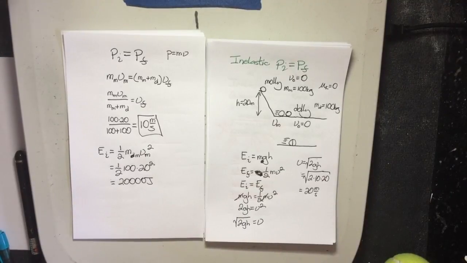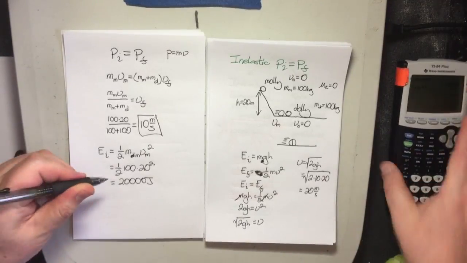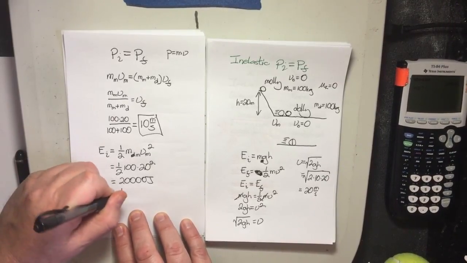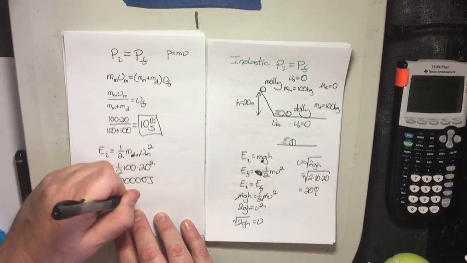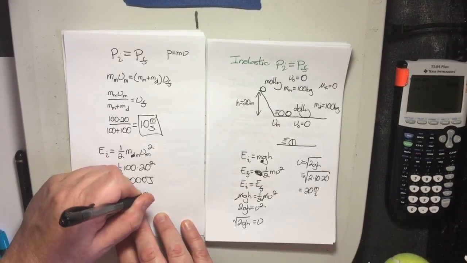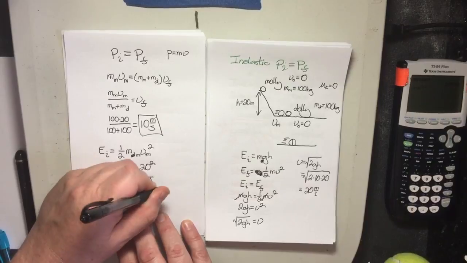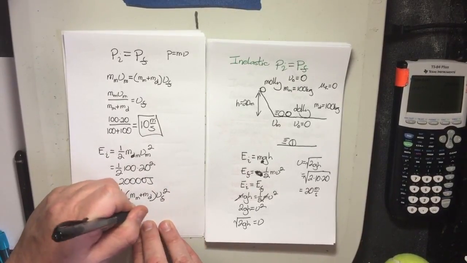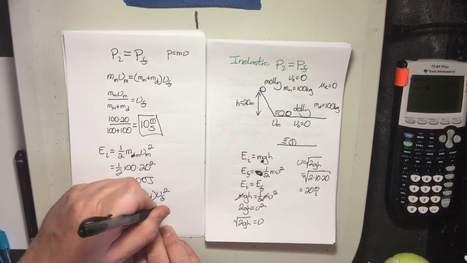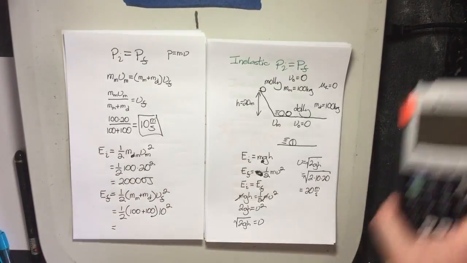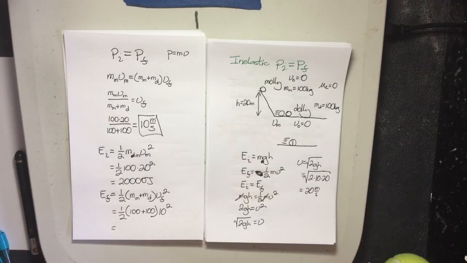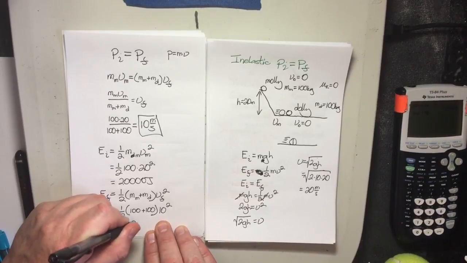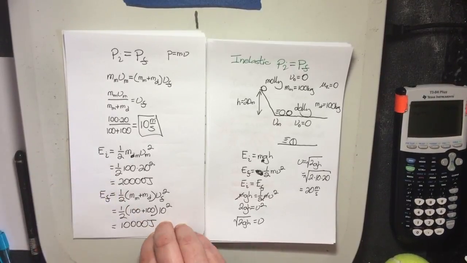Energy is measured in joules. The energy final is 1/2 mass of Molly plus mass of Dolly, v final squared. So 1/2, 100 plus 100, 10 squared. 200 divided by 2 is 100. 100 times 100 is 10,000 joules.